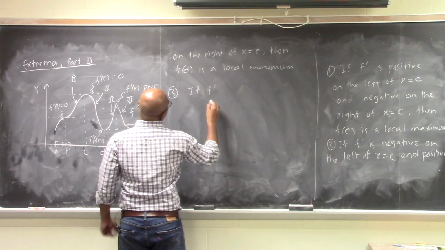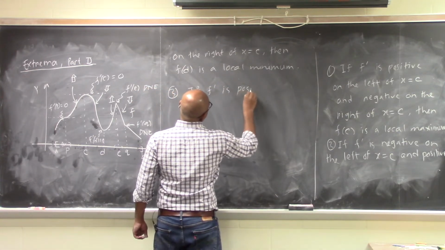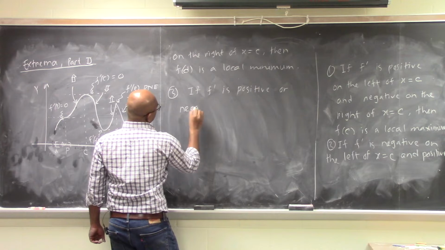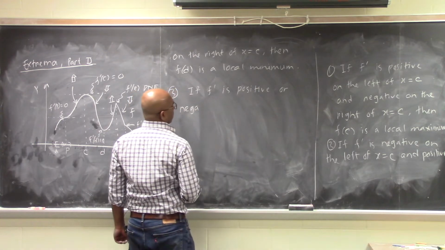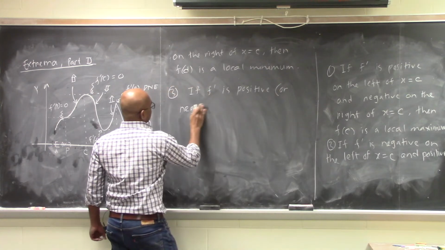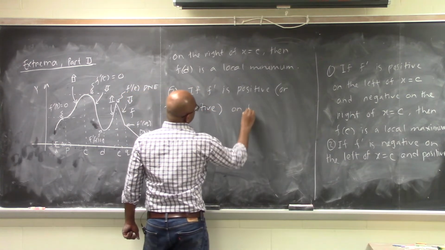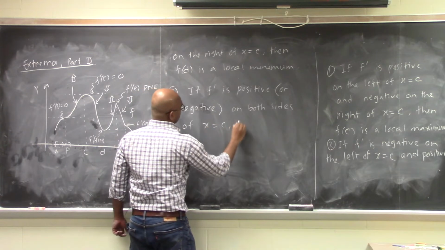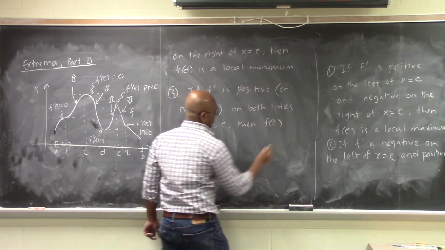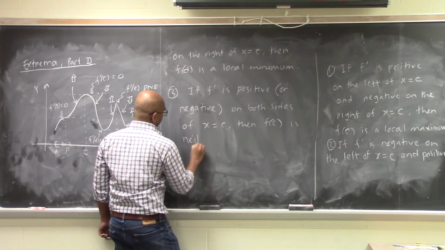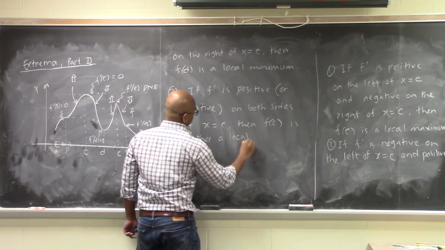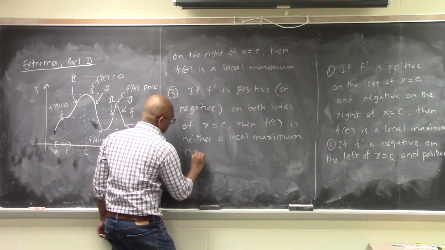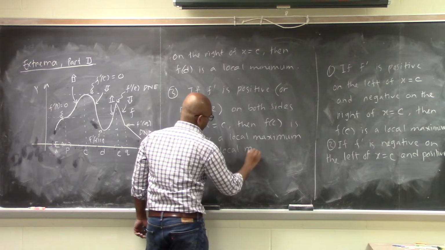If f prime is positive (or negative, let me put this in parentheses) on both sides of x equals c, then f of c is neither a local maximum nor a local minimum.